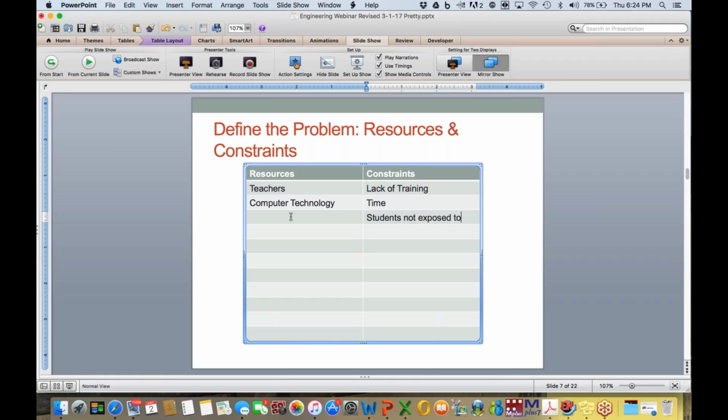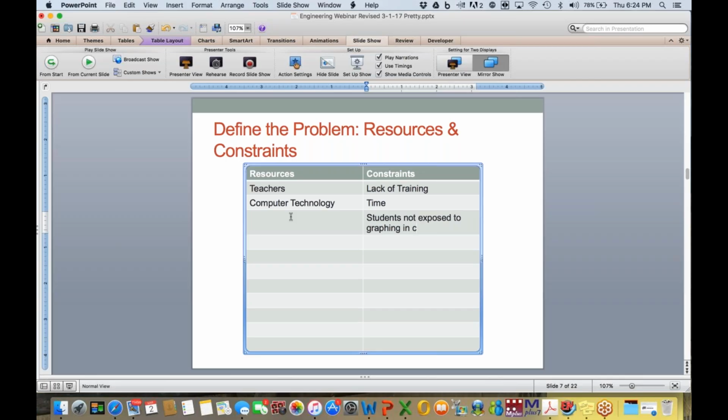And so the resource is maybe to align the curriculum so that students are engaged with the graphing problems. Did I summarize that okay, Earl? Close enough. All right, excellent.